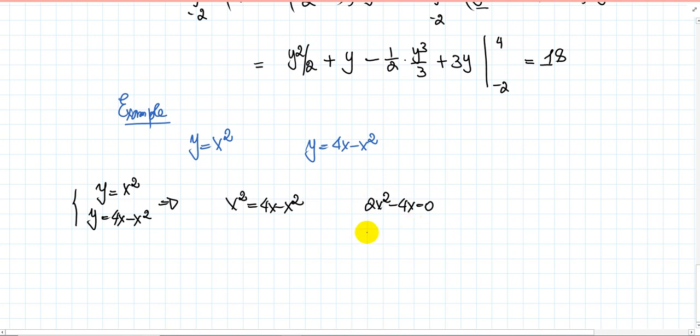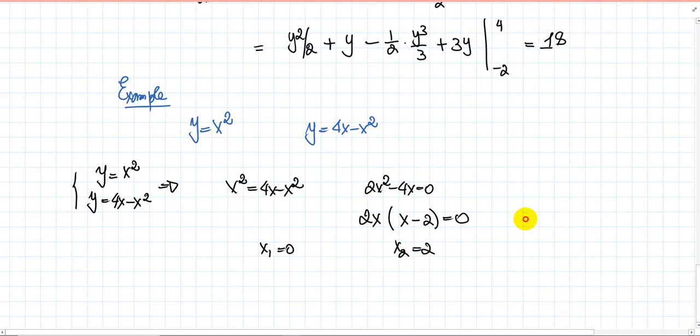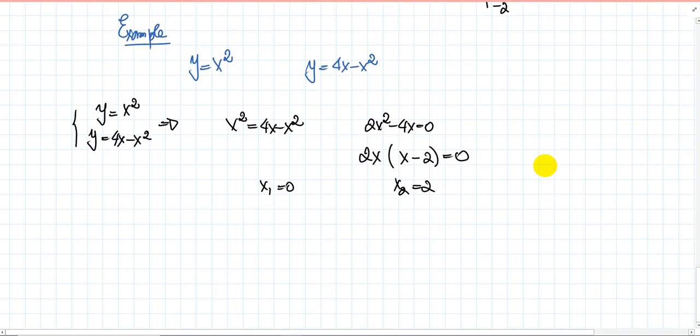Then I need to take out 2x from the brackets, and what is left is x minus 2, equal to 0. So the x coordinates of the intersection points are x1 equal to 0, x2 equal to 2. How to find the y coordinates of the intersection points?